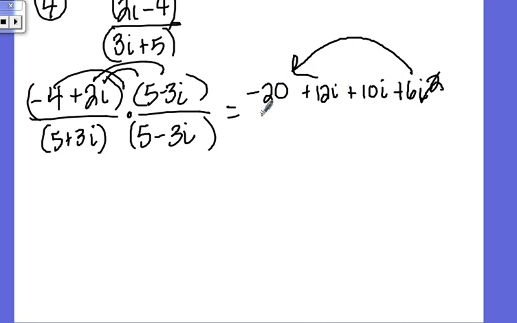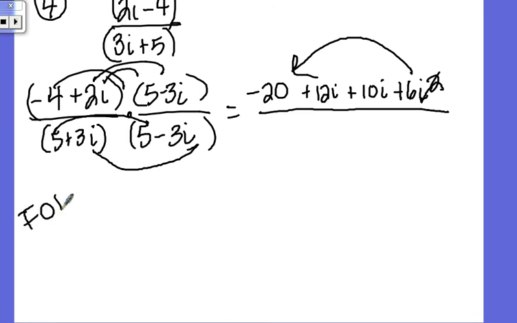We'll do that in a minute. Let's do the bottom. Now remember, with complex conjugates, you just have to do first and last. You get to skip the outside and the inside because -15i, positive 15i, they cancel each other out. So you get 25 minus 9i squared. I squared makes that -9 positive.